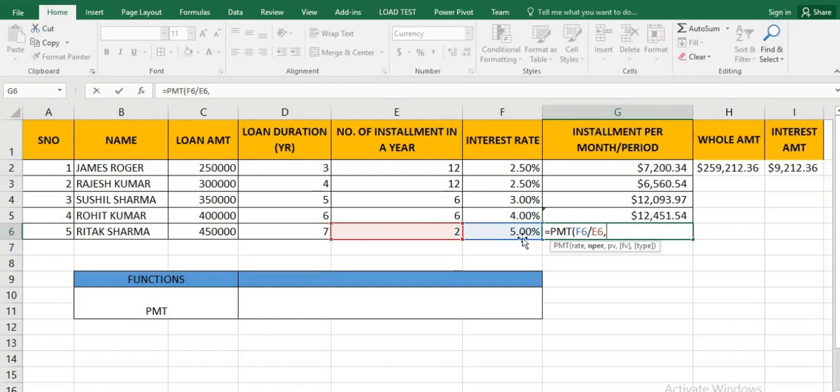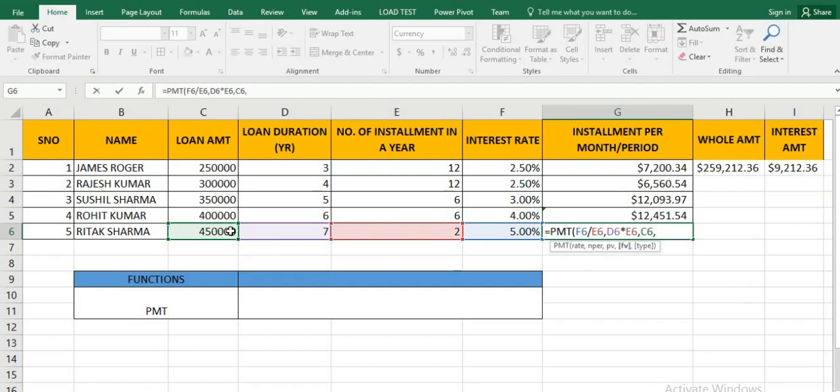Then NPER, number of periods: he gave only 2 installments in a year, but in 7 years how many installments will he give? 14 installments. Either you write 14, or you use 7 into 2, this cell address into this cell address. Okay, then the present value is 4,50,000.